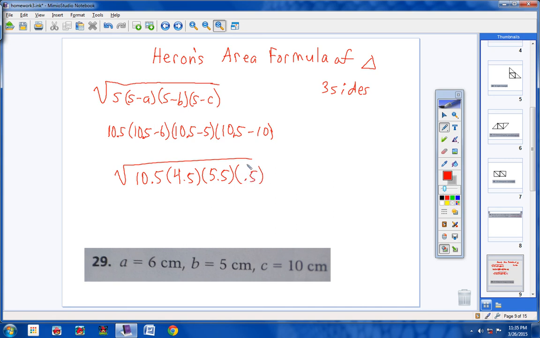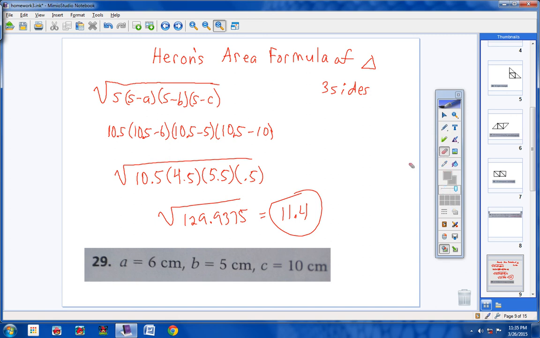Alright, let's try that again. Hopefully I've not made another little mistake somewhere. And that is correct. You would end up with the square root of 129.9375. And then take the square root of that and you will get 11.4 rounded, okay? So that's how you use Heron's area formula of a triangle.